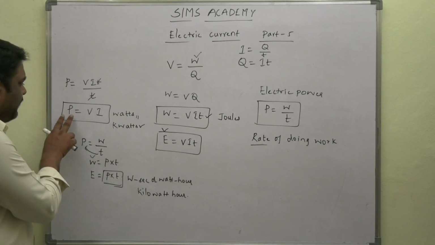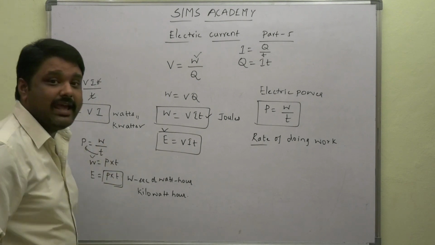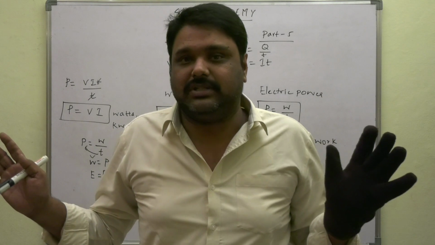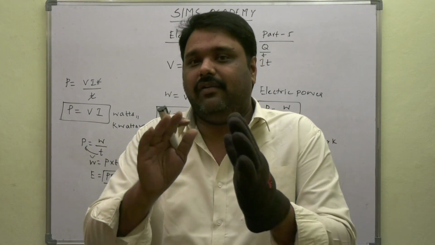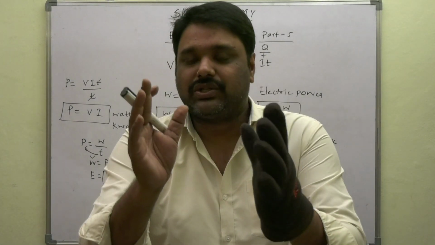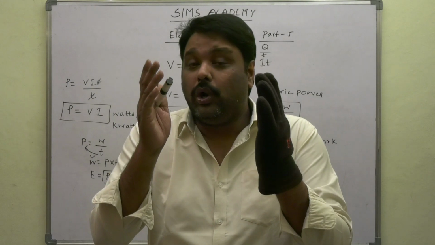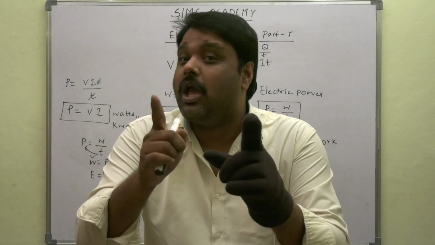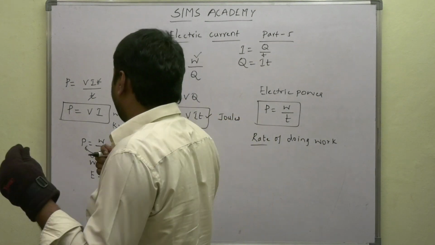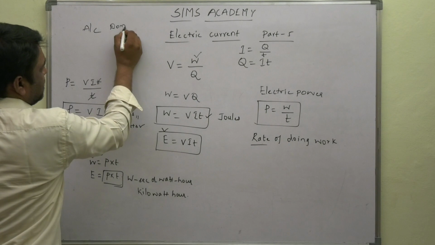If you observe carefully, electric power is the product of voltage and current. In our domestic purpose, as we have alternating current, the voltage remains constant. It would be around 220 volts in AC for domestic purpose.